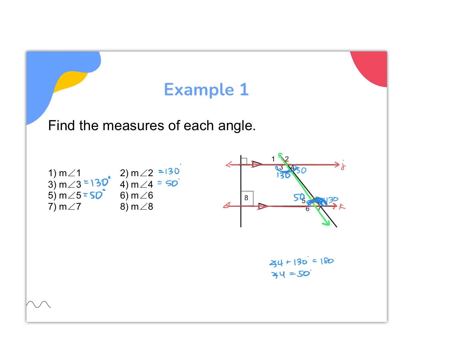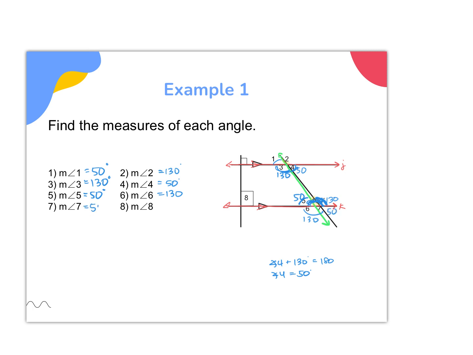And then using, for example, corresponding angles, if angle 3 is 130, then angle 6 is also 130 because that's corresponding. If angle, let's say 5 is 50 degrees, I know angle 1 is also 50 because that's corresponding angles. Angle 7 is corresponding with angle 4, and so I know it's got to be equal.